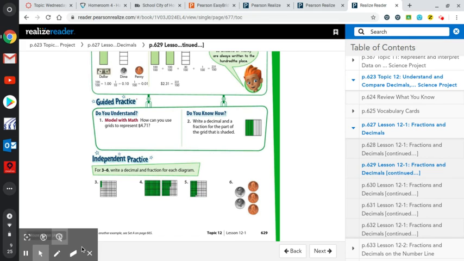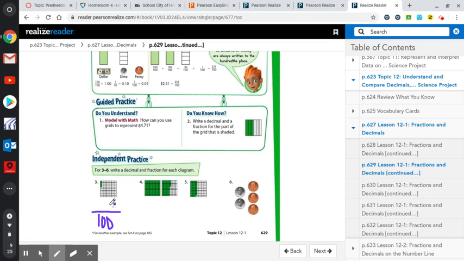How many pieces, looking at your fraction, what would be your denominator? How many pieces are in this little box? We usually work with 10 or 100, right? So it's not 10. It's definitely 100. So that's your denominator. And how many pieces are colored in?